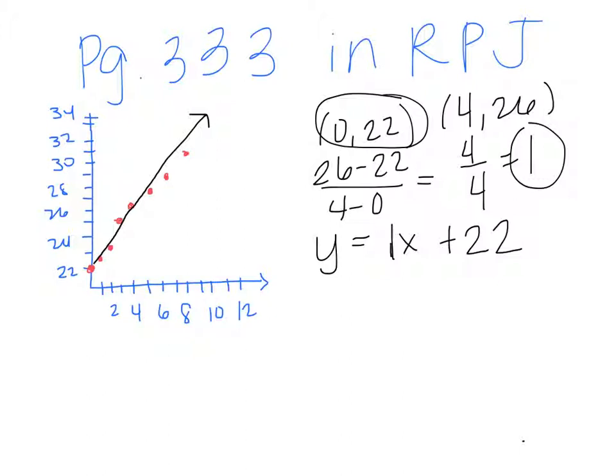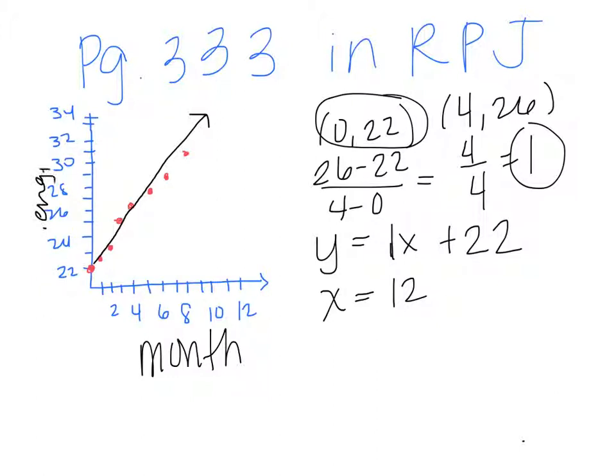So then it says use the equation to predict the alligator's length next September. So that would be a year later. So since we're doing the number of months, our x would be 12. And if I go back here, I should have labeled my table of month and length.